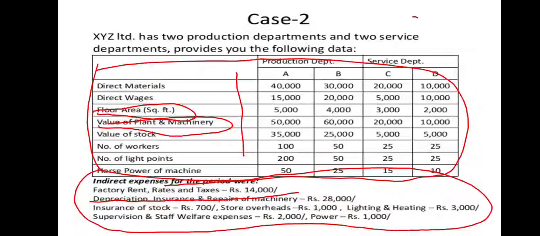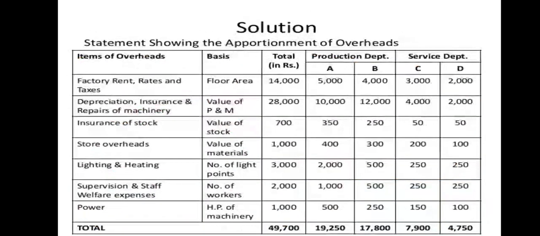The horsepower of the machine is given here as 50, 25, 15, 10. So if you use a 5 table, it will be better for us. So 10:5:3:2. If you observe, out of 1,000, 500 for production A, 250 for production department B, 150 for service department C and 100 for service department D. This is the basis of allotment.